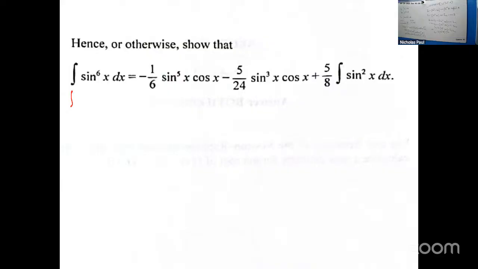Plug the 2 into I n and you'll get the integral of. Right, what's the integral of sin squared x? So you know that the integral of sin squared x is what?